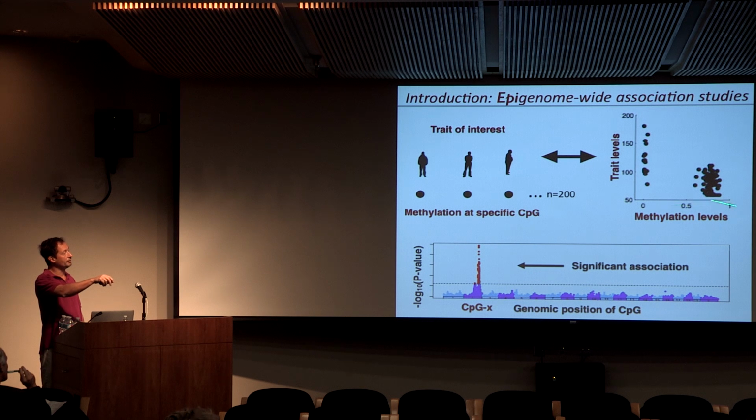So we can think of methylation at any one site as varying between 0 and 1, so completely unmethylated or fully methylated. And then we have these traits that are measured, and then we look for cases where there's a strong association between the traits and the methylation level, and then we can report these as significant p-values. And again, all the infrastructure for doing these types of calculations is the same as in the GWAS analysis.